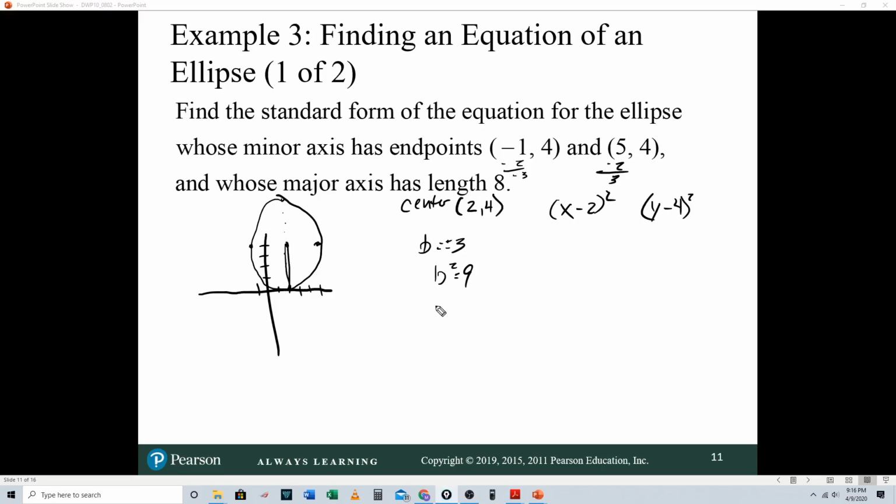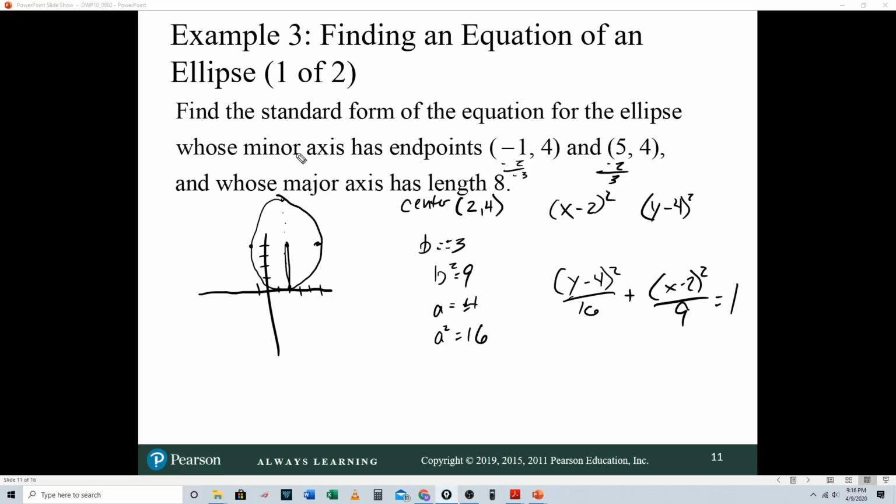So half of 8 is 4, so a is equal to plus or minus 4, and a squared is 16. We have everything we need now. We know that it opens up vertically, so the y term should go first. (y minus 4) squared over 16 plus (x minus 2) squared over 9 equals 1.